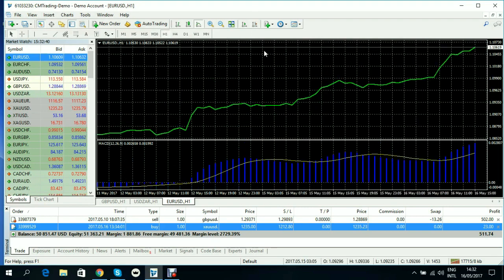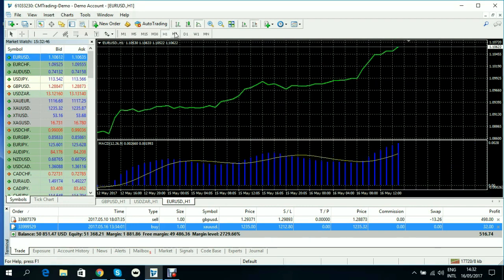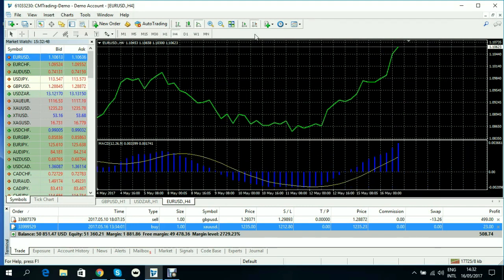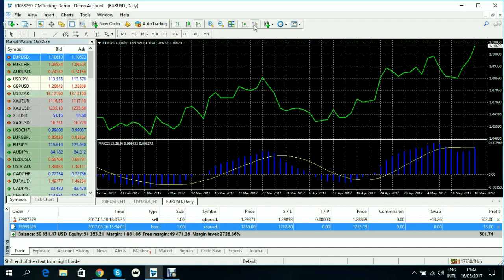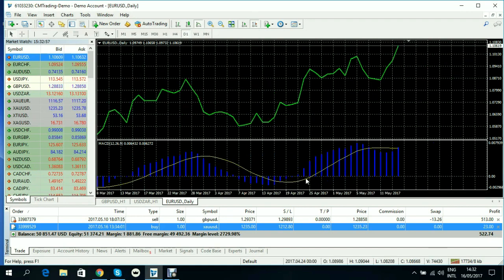In 1 hour, the bars and the signal lines are above. In 4 hours, the bars and the signal line are above. And on the daily time frame too, the bars and the signal lines are above.